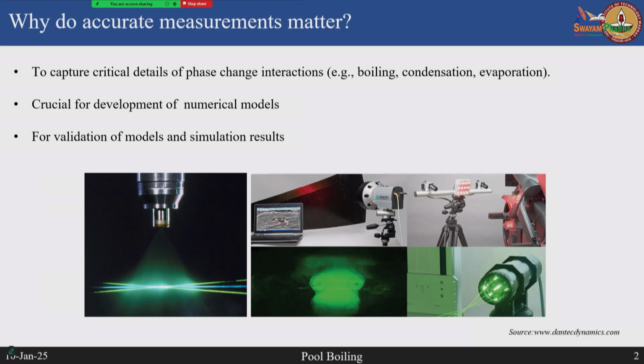For example, when you set up a pool boiling facility, you can measure the surface temperature of the heater and the fluid temperature with thermocouples, and with a transparent enclosure you can also visualize the different boiling regimes, the nucleation and then transition and so on.